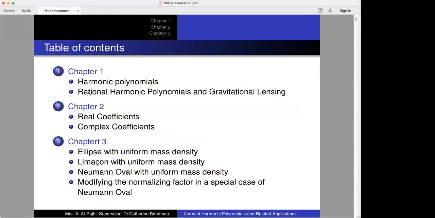Then in chapter 2, we discuss what kind of conditions we can put on the coefficients when we have a harmonic polynomial of degree 2 equal to z bar squared, and we will see when these coefficients are real or complex. Later on, we jump to the idea of gravitational lensing, and we discuss different kinds of lens such as the ellipse, limacon, and Neumann oval.